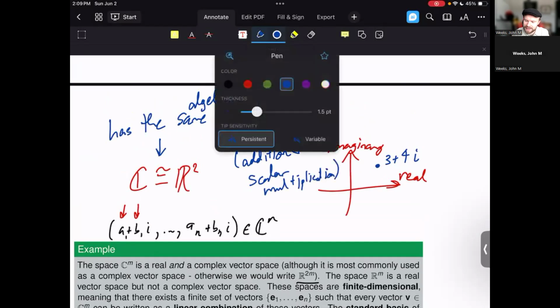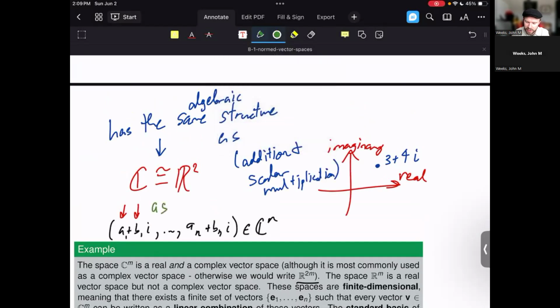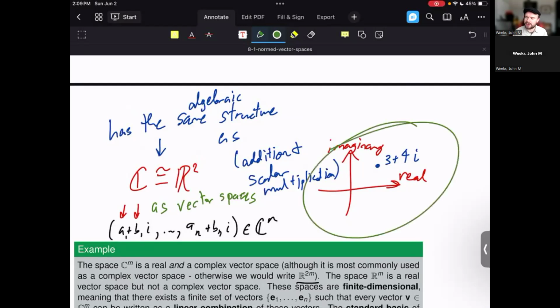In particular, you might see me add sometimes that these two things are equivalent as vector spaces, because I cannot go any farther in terms of the structure that they have in order to keep that same isomorphism. They have the same algebraic structure as two vector spaces. Their addition and scalar multiplication works very much the same way in terms of the picture that we have here on the right.